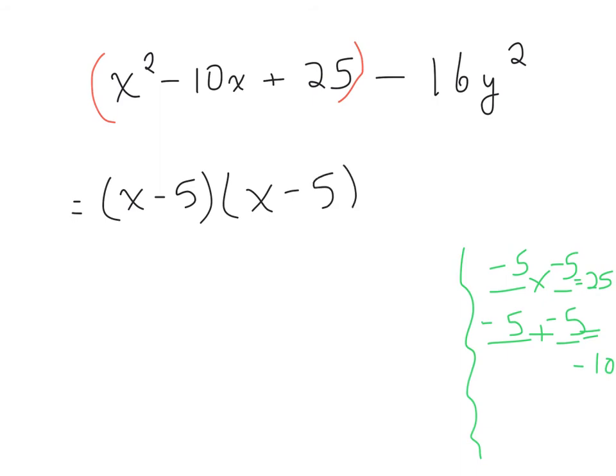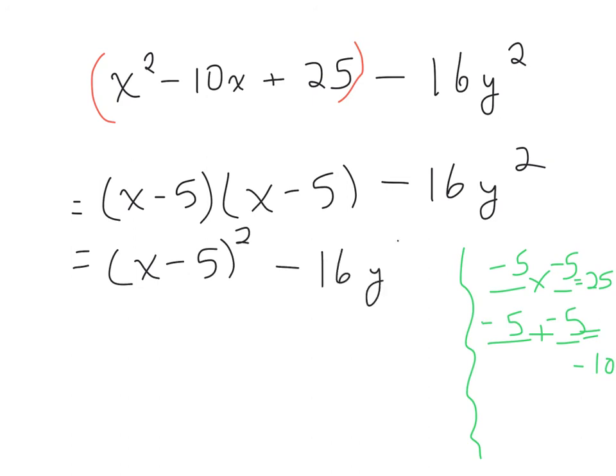Now I'm just going to carry on with this minus 16y squared. When I look at this, I can see that I can condense it, because I have a factor multiplied by itself. Rewriting to simplify, I can rewrite that as x minus 5 all squared, and then minus 16y squared.